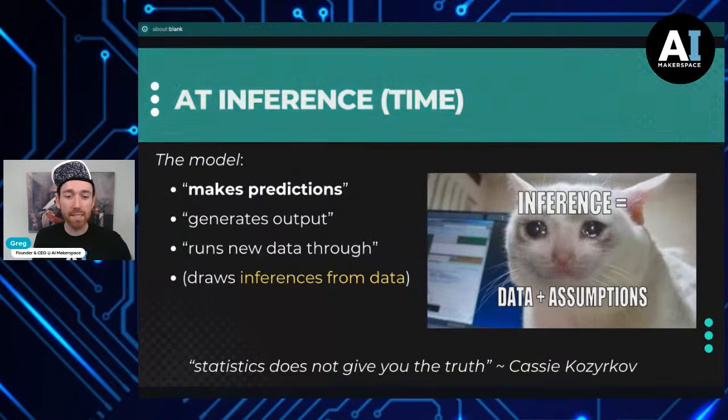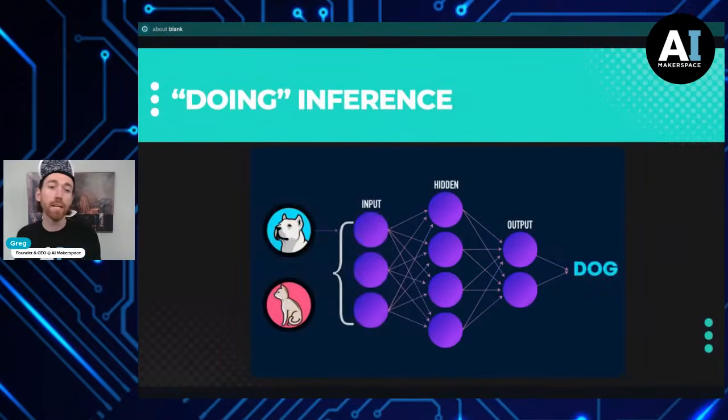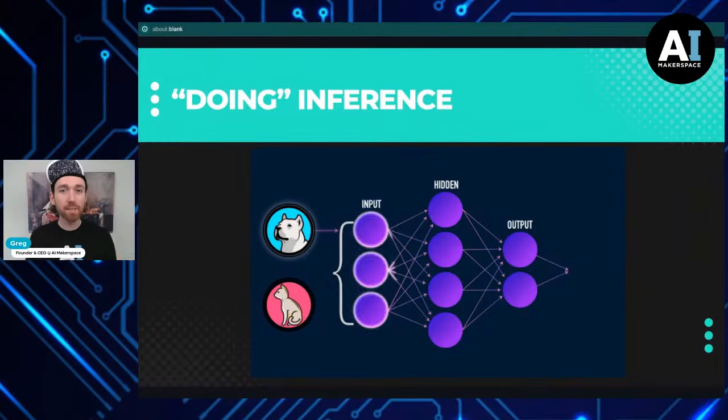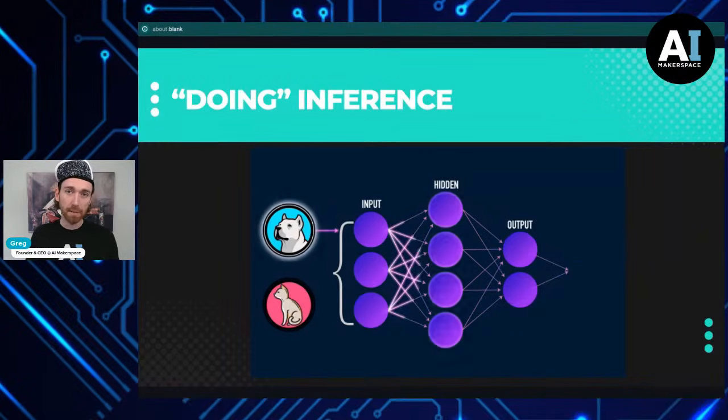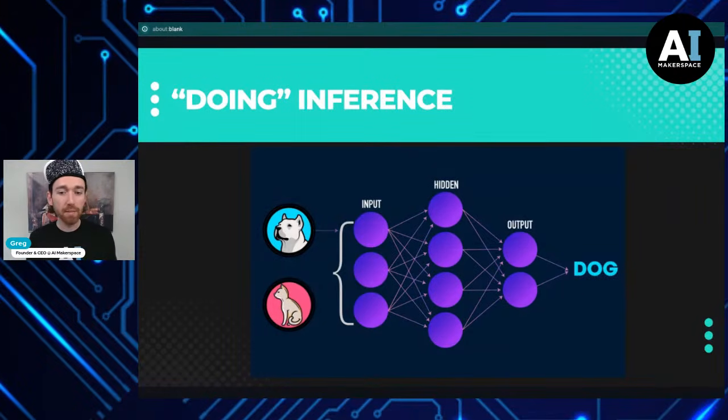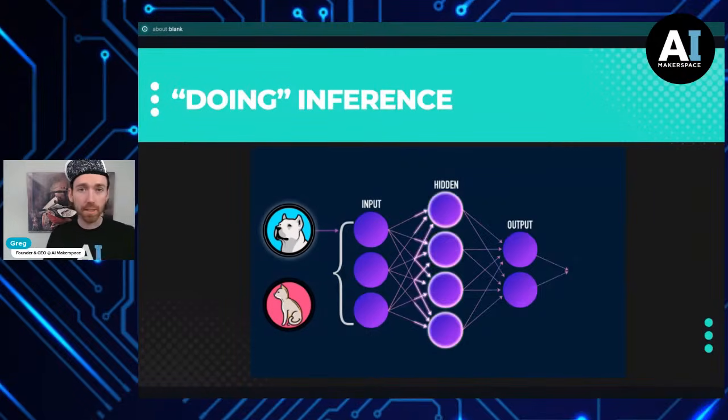But at the end of the day, what we're talking about is flowing through the network. However complicated the network is, we're just taking the new data, flowing it through the network, and predicting something out. This is a super simple example here. Of course, with LLMs, we're doing this in larger transformer architectures, but doing inference is not something that's ridiculously crazy.